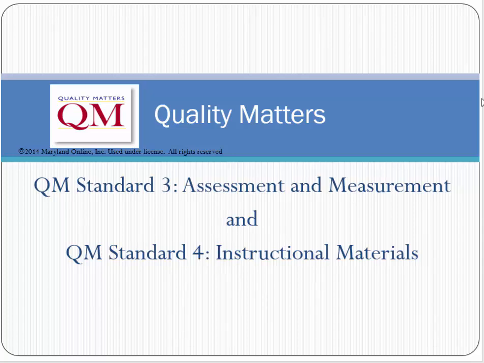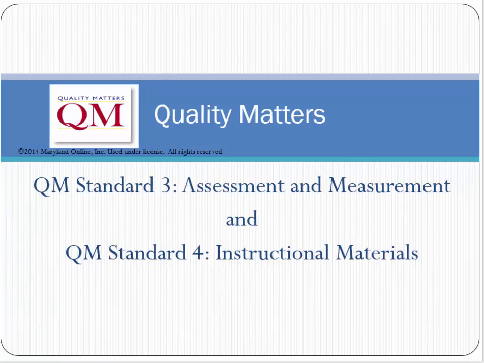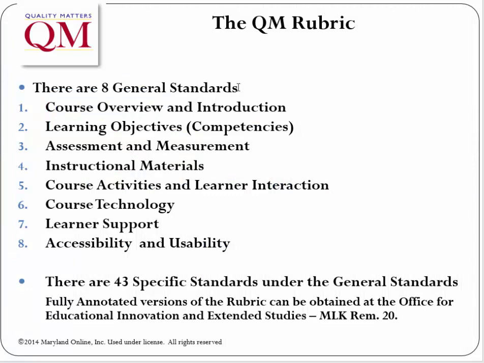In which we will discuss QM Standard 3, Assessment and Measurement, and QM Standard 4, Instructional Materials. To review our QM rubric, there are 8 general standards and 43 specific standards under the general standards. In the first lecture, we reviewed the course overview and introduction and the 9 specific standards.